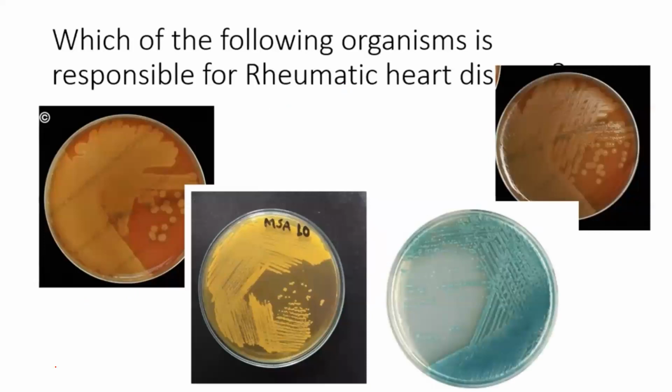Last question. Which one is responsible for rheumatic heart disease? Let's solve this one together. Let's try to guess. I think because I didn't explain the pictures, you might get this wrong.